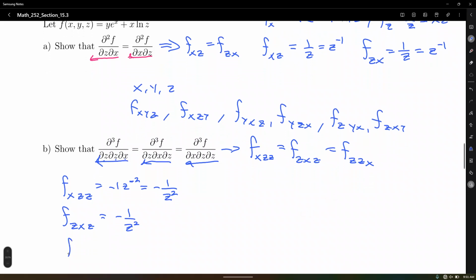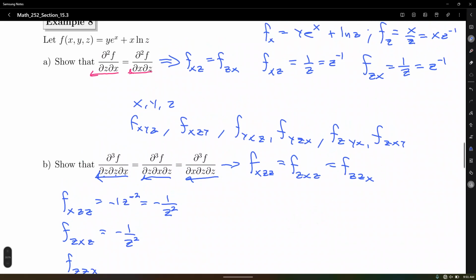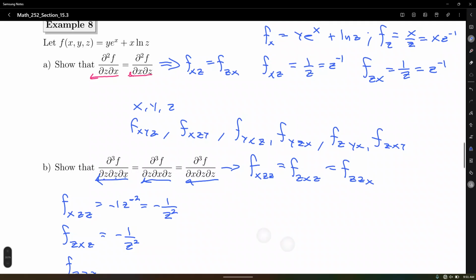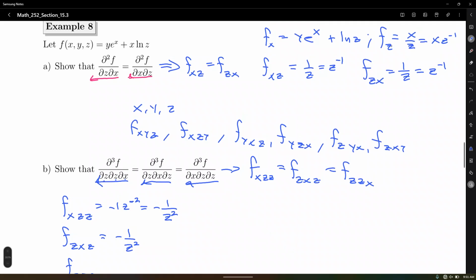For f z z x, we would need to find the derivative with respect to z twice and then differentiate that with respect to x. So let me go back to the very top of the problem where we differentiated once with respect to x. What did we get? We got x over z, which is x z to the negative 1.